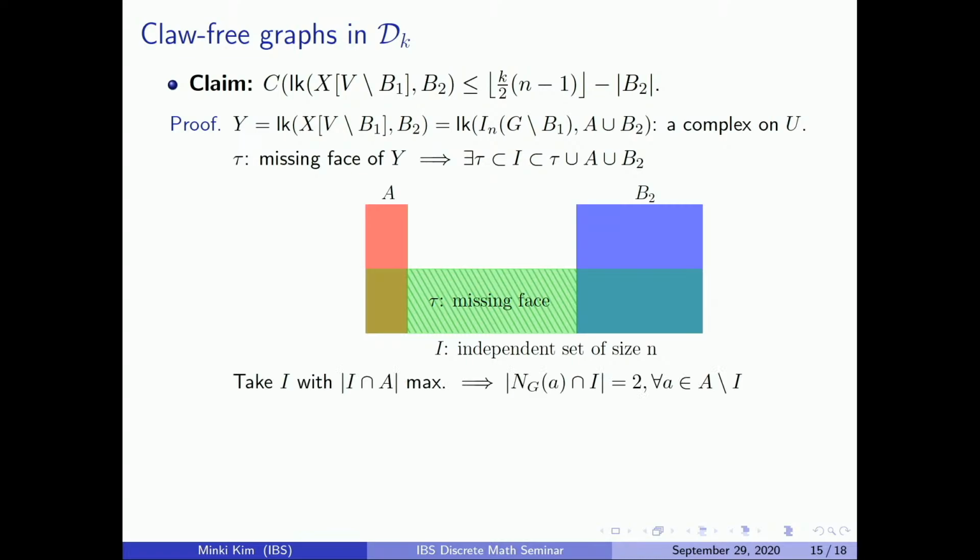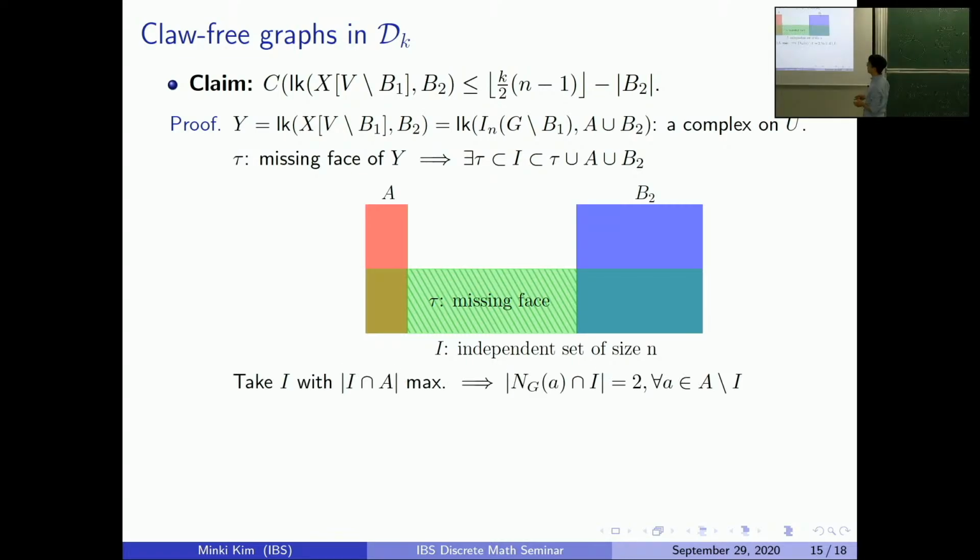Then let's take I such that the intersection of I and A is maximal.